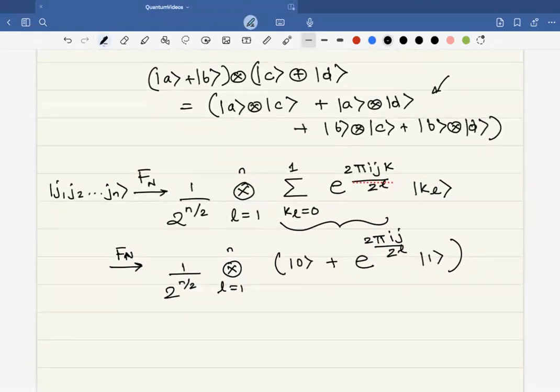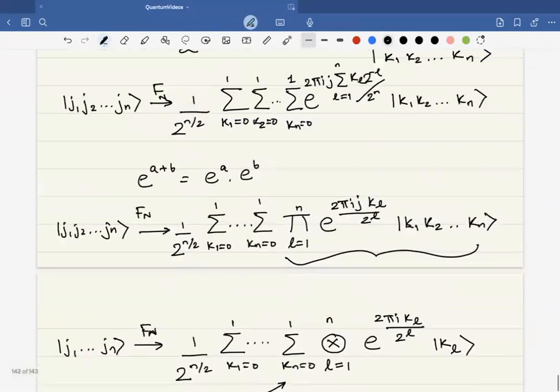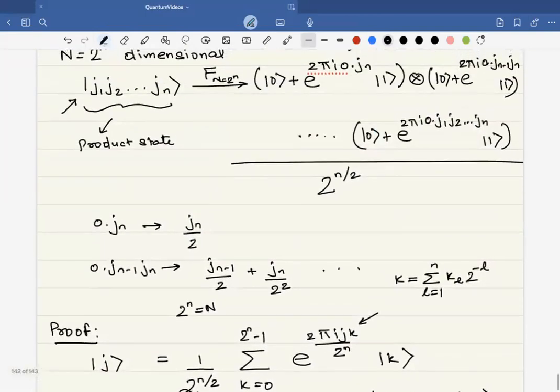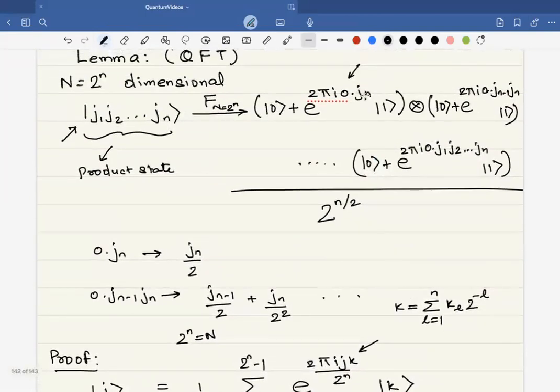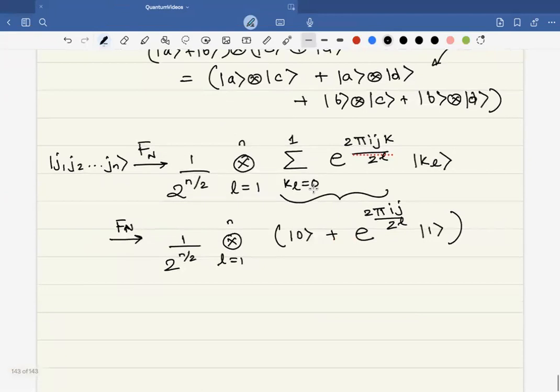And well, we are not yet quite done. The final step is to get it into this form, right? We have this 0.jn and 0.jn-1 jn, right? So how do I get that? Well, over here, it is j over 2 to the power L. Now, suppose I convert to the decimal form.